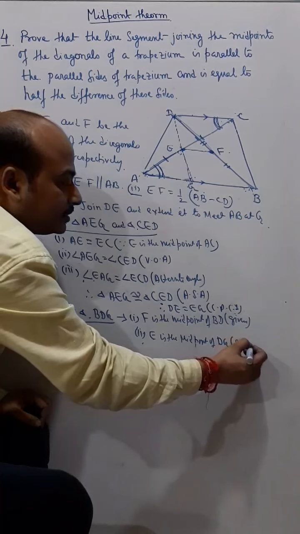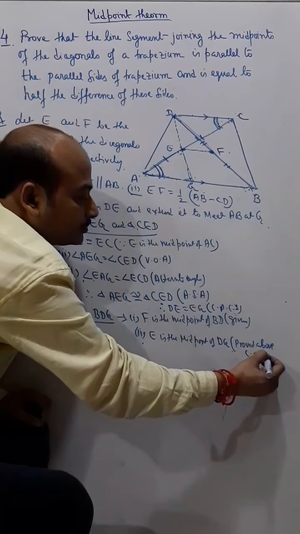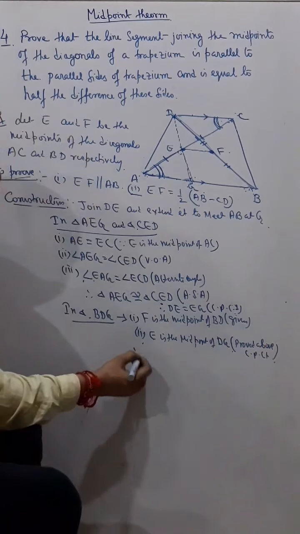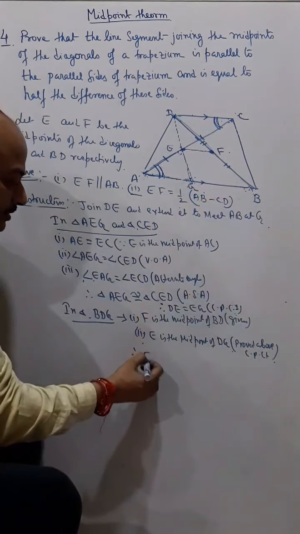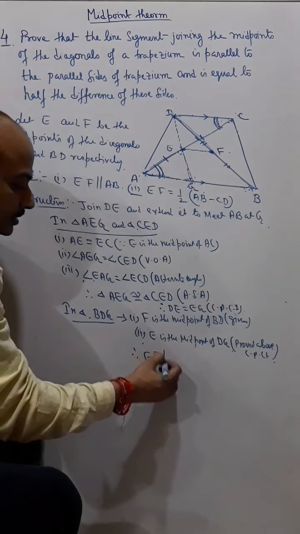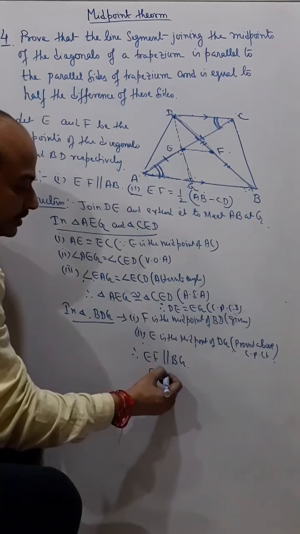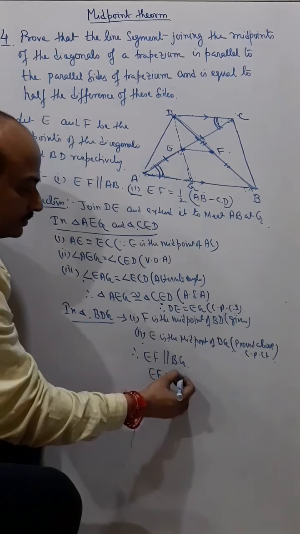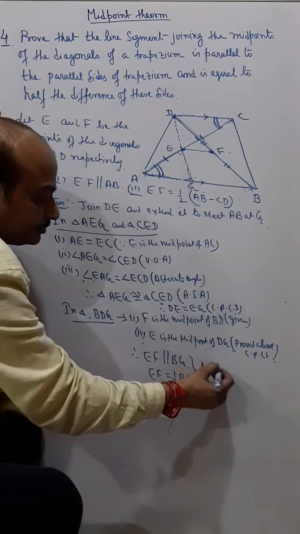And therefore we can say that EF is parallel to BG, and EF is equal to half of BG. Both are according to the midpoint theorem.